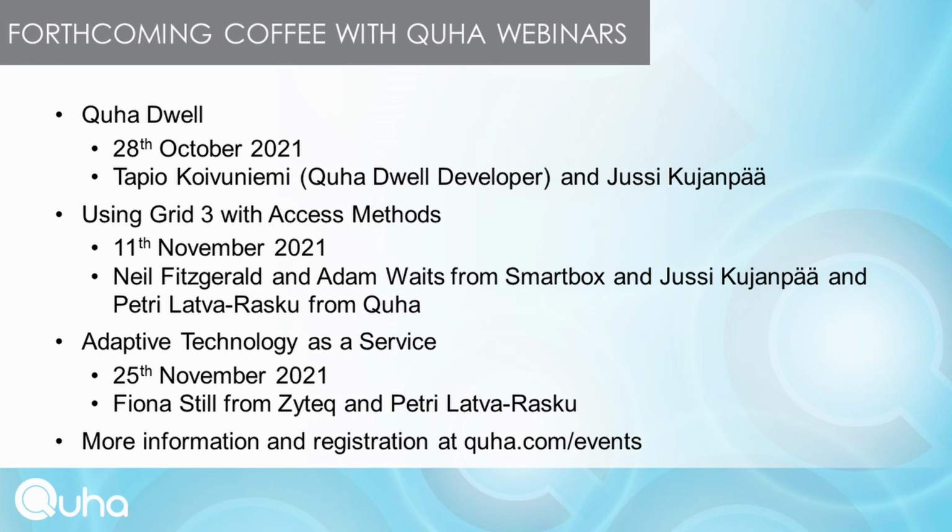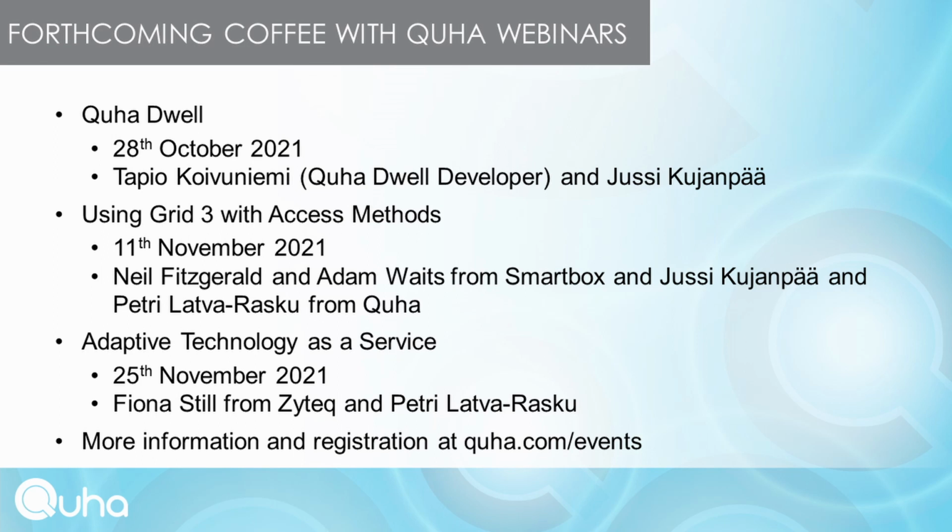Then on the 11th of November, we will have Neil Fitzgerald and Adam Waits from Smartbox here with me and Petri, and we will be discussing how to use different access methods with Grid Tree software.